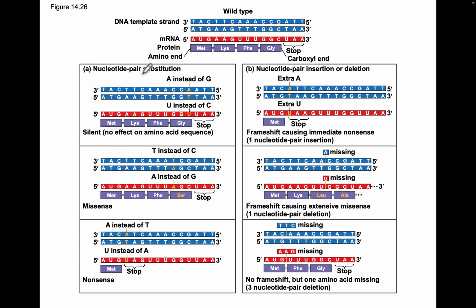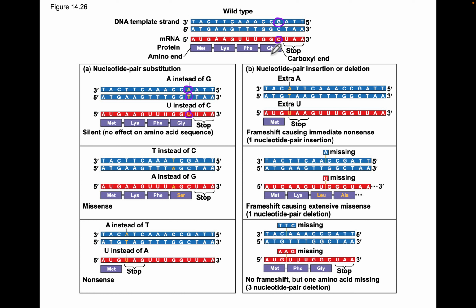there are substitution mutations. So you can see here the original sequence had a G at that spot, and now we have an A at this spot, which now in the DNA, once it gets copied, is going to be a T. So it's an AT pair instead of a GC pair. So what does that do? Instead of putting in a C, it's going to put in a U during transcription.